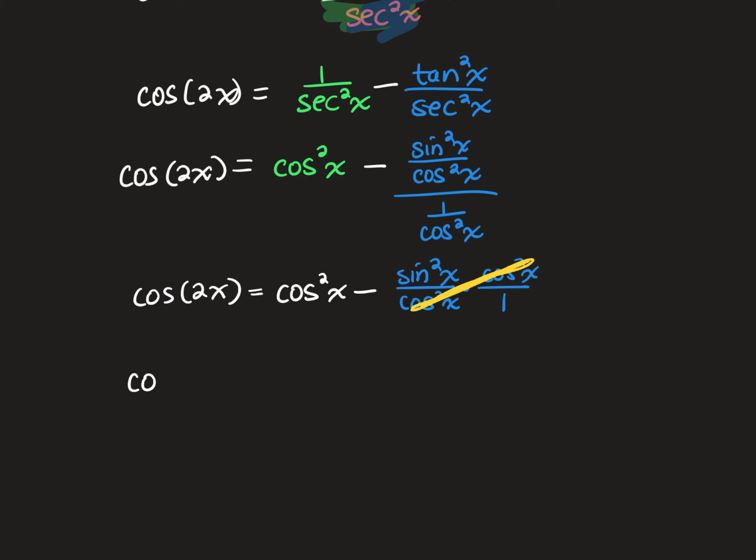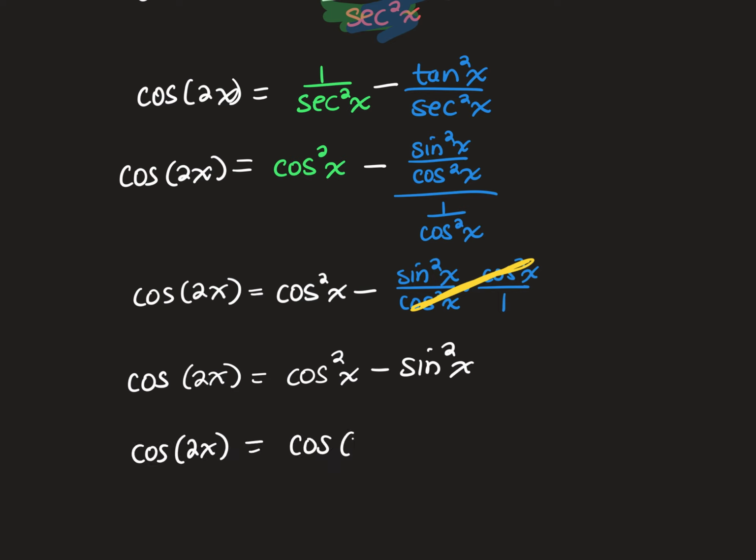So now what I have is cosine of 2x equals cosine squared of x minus sine squared of x. And this is when I could then look at my double angle identities and realize that I have it written here. All I have to do is change the right side to be cosine of 2x. That is one of your options for cosine of 2x.